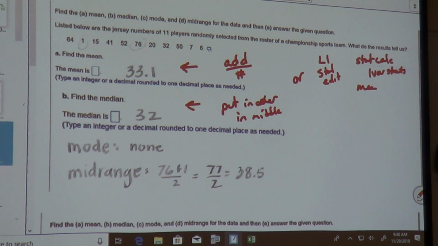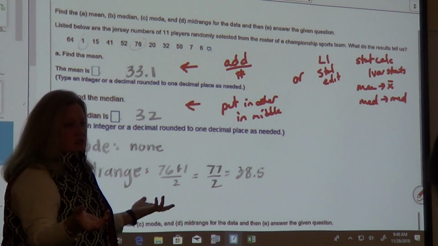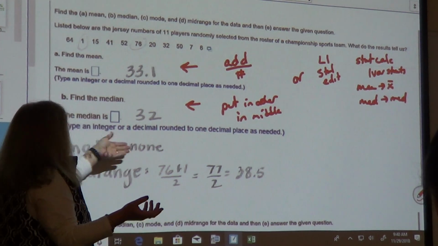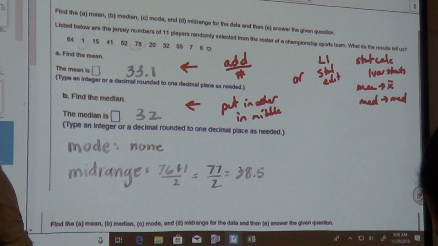Your mean is going to be the X bar, and your median is going to be the MED. I don't care which way you do it. You may want to do it both ways and double check that you did it correctly. You really don't need to know the mode and the mid-range because that wasn't on the review sheet.